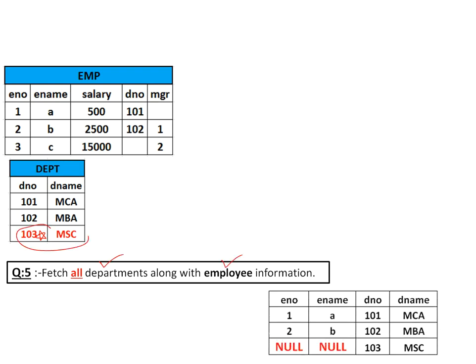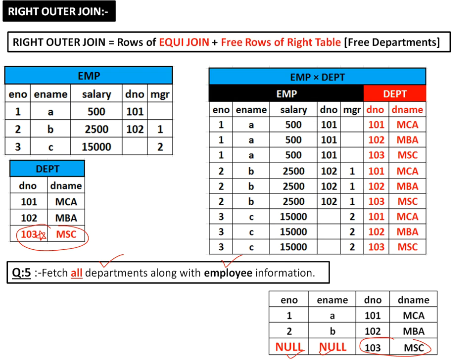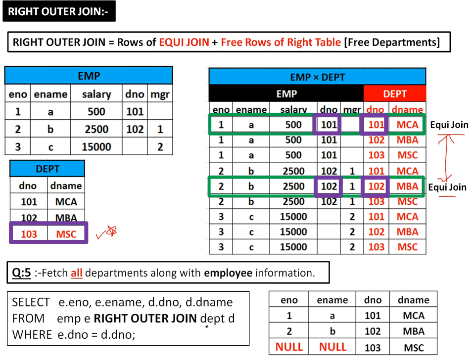If there are no employees, you have to show it like this. Right outer join: rows of equijoin plus free rows of the right table. It is an extension, guys. It is the result of equijoin plus this one. This one I will get with equijoin. If I want this, I have to perform right outer join, where the right side table is this one. The same equijoin. Clear? Yes.